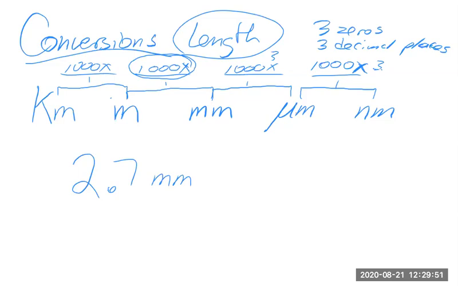Well, what you would do is you would first multiply by a conversion fraction. The conversion fraction is the relationship between the unit you're at and the unit you want to go to, right?